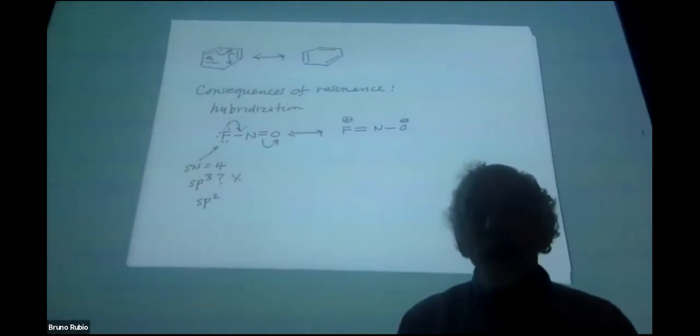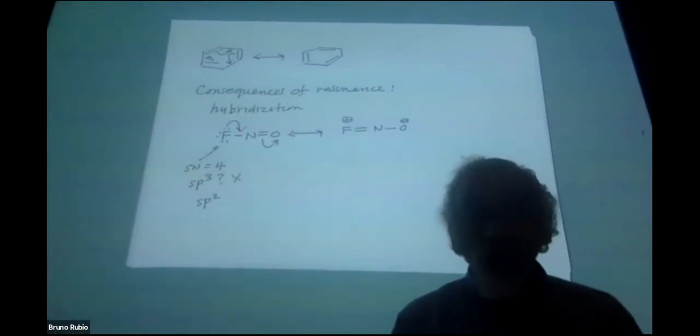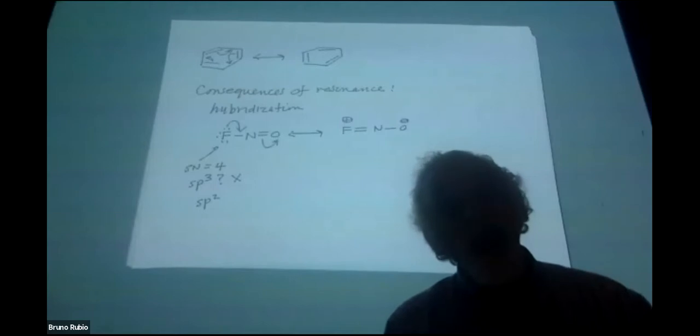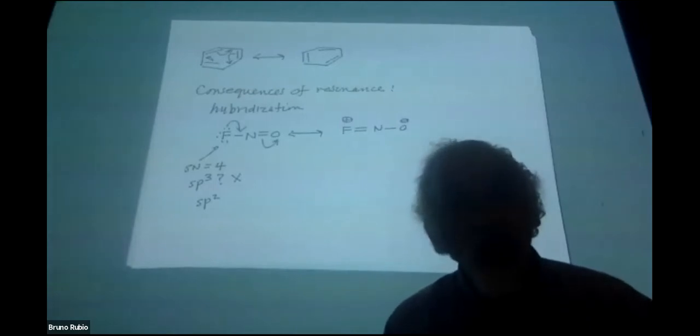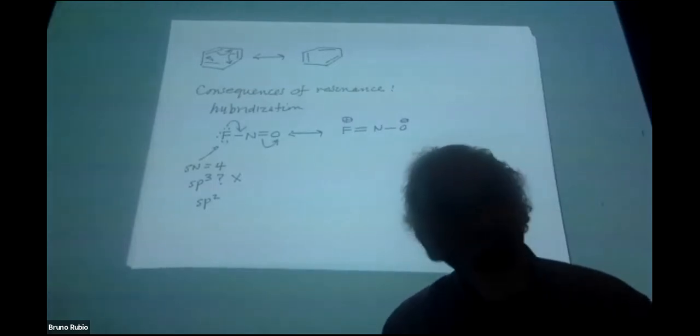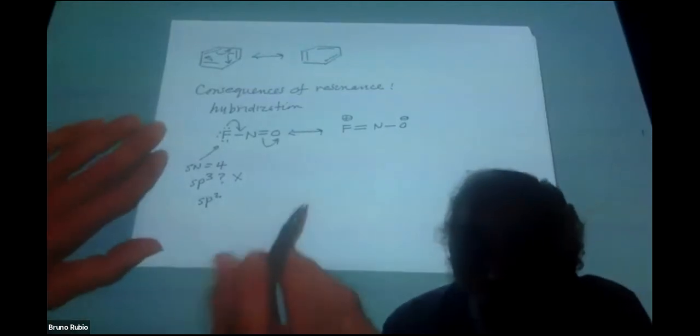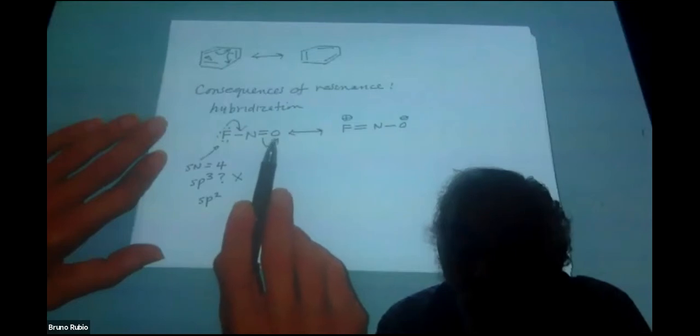It's steric number minus 2. So this is one of the consequences of resonance, is that it will alter the prediction of hybridization based on the steric number concept.